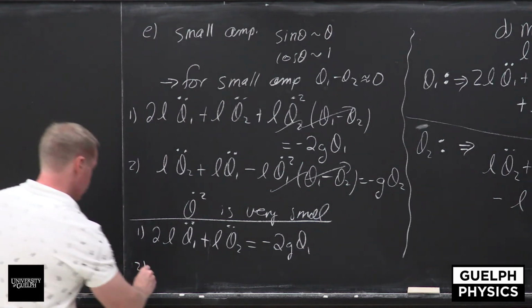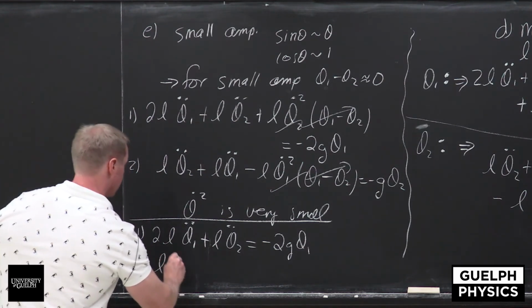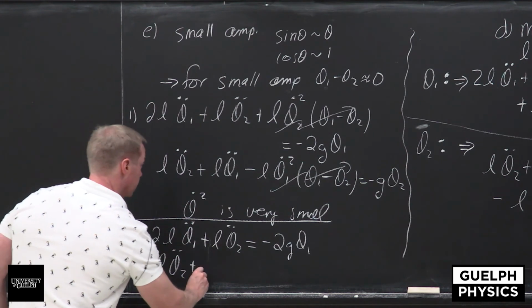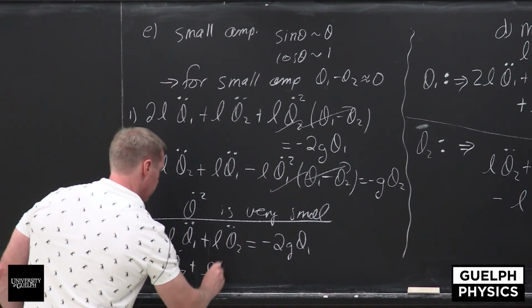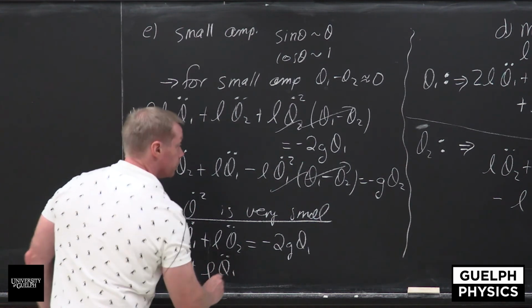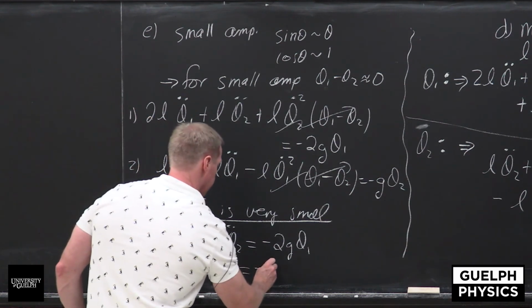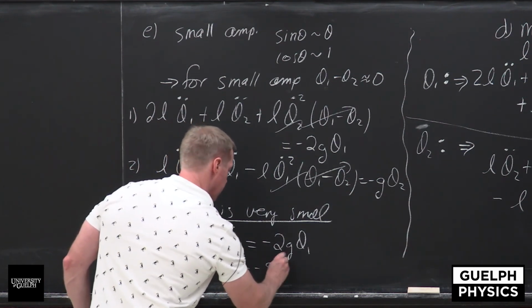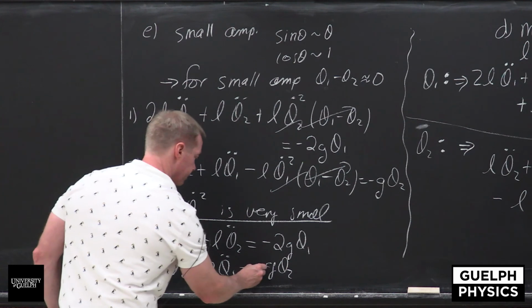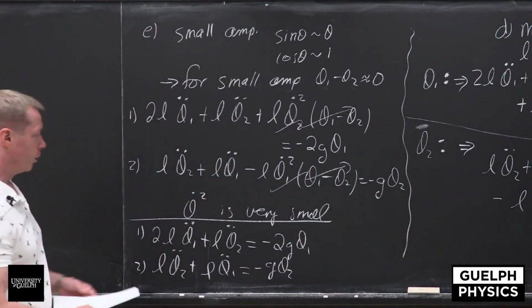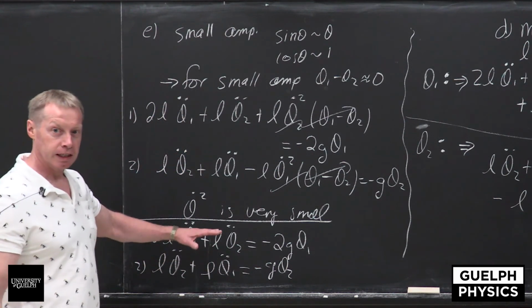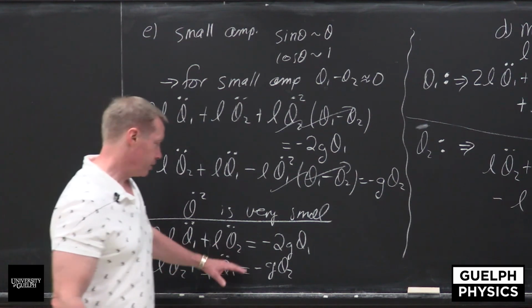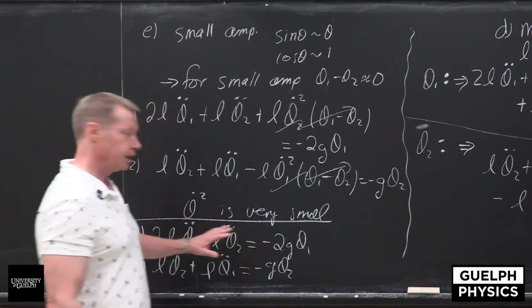And the second equation, L theta 2 double dot plus L theta 1 double dot is minus g theta 2. So now what we've done is actually linearize our equations. They're still coupled, but at least now they're linear.